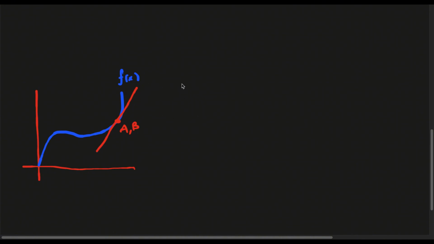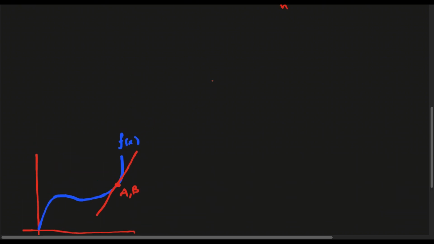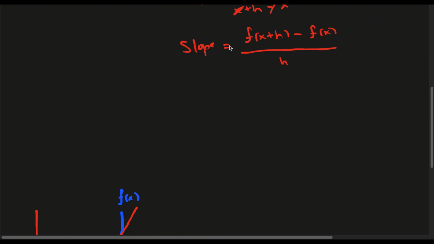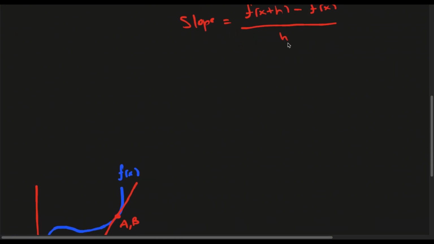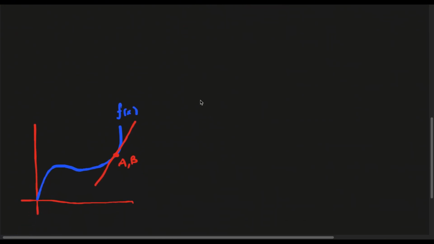Well, I already mentioned that we want to get h to be super small, so that there's basically no difference between a and b. So what we can do is take our earlier formula for the slope of our secant line, but make h super small through a limiting process. So we'll call the slope of our tangent line equal to the limit as h approaches 0 of f of x plus h minus f of x all over h.